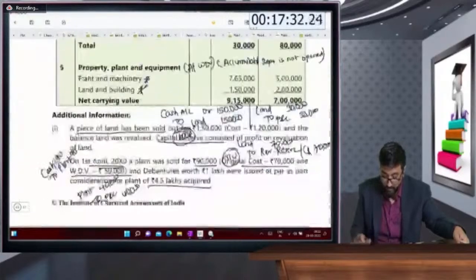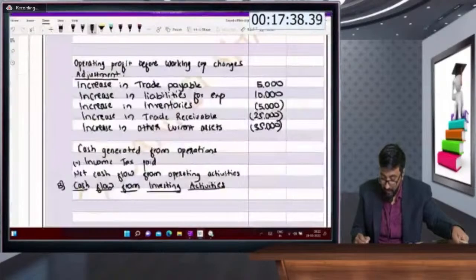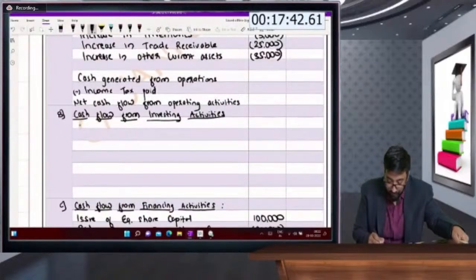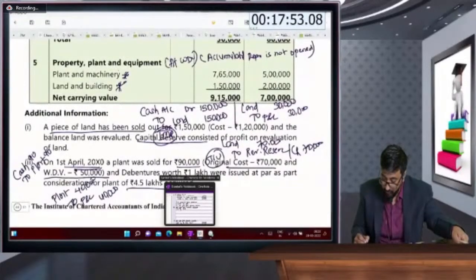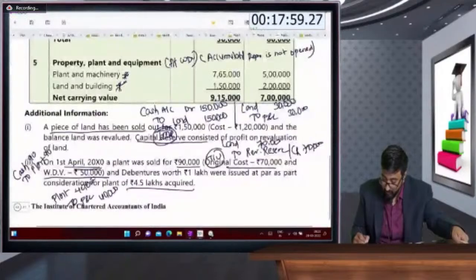Adjustments. A piece of land is sold for 1,50,000. So investing activity, sale of land, 1,50,000.